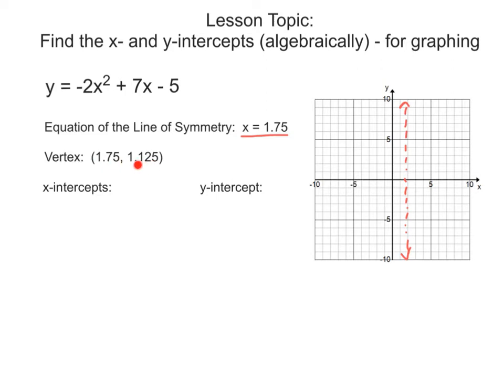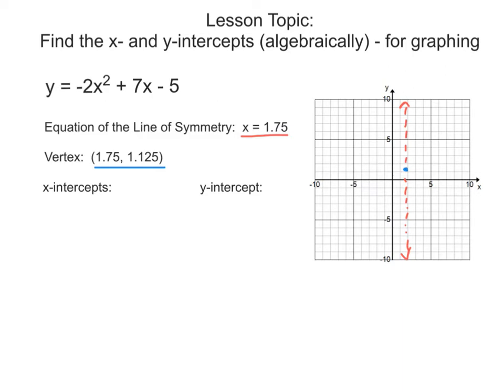So if I put a point at 1.75, comma 1.125, I would get a point approximately right here. That point is at 1.75 on the x-axis and 1.125 on the y-axis, and that's our vertex.